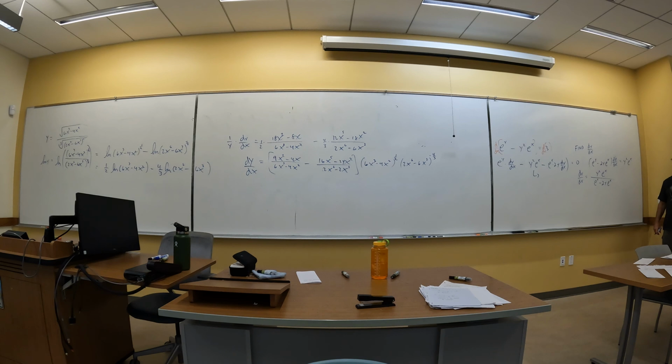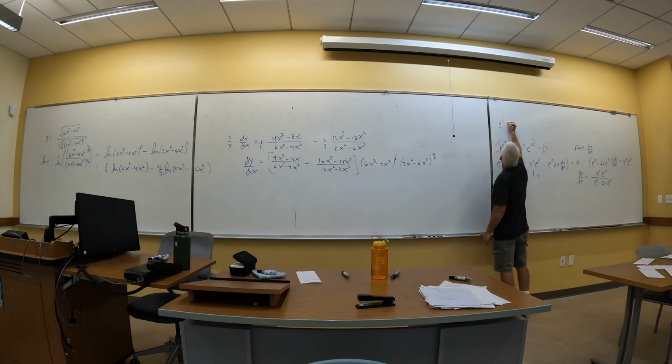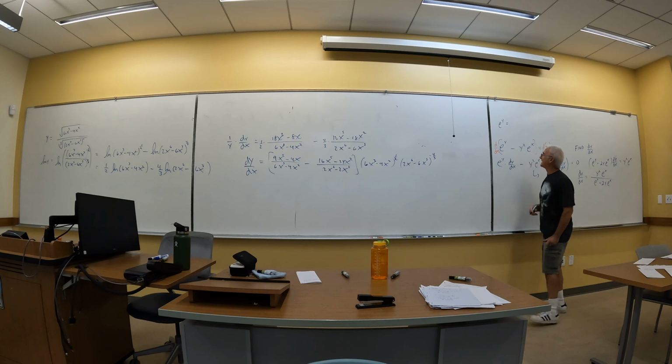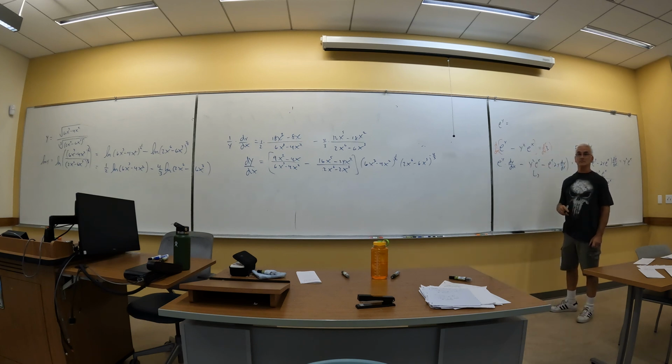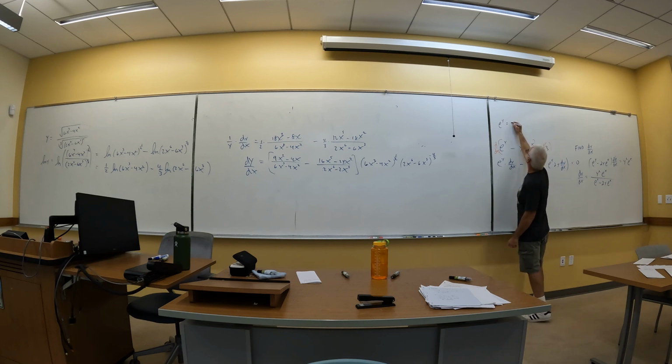Can I improve upon this at all? You could factor. Is it possible to write this answer without even having an e to the y in it? Well, let's go back to the very beginning of the problem. What does e to the y equal? Wouldn't it equal 3 plus y squared e to the x?